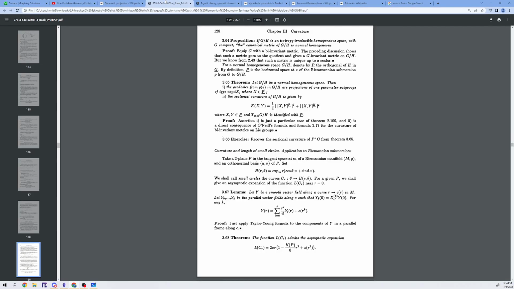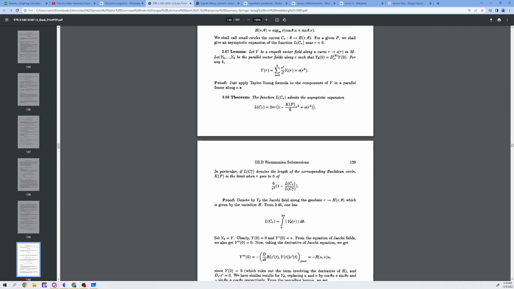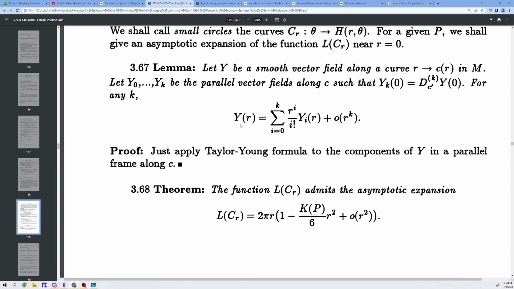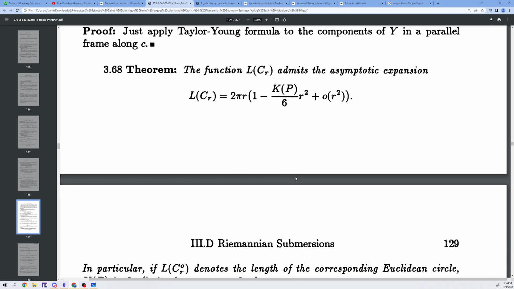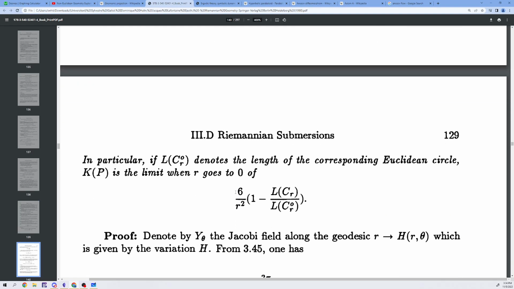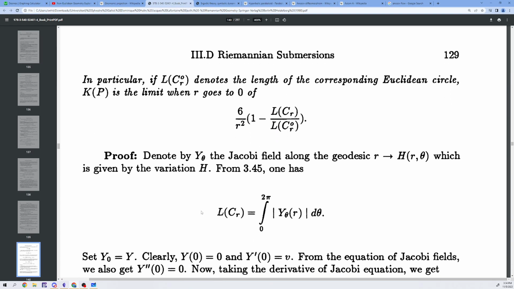I can show you this result right here. This is just from the textbook. So we have this asymptotic expansion, and then take this limit.